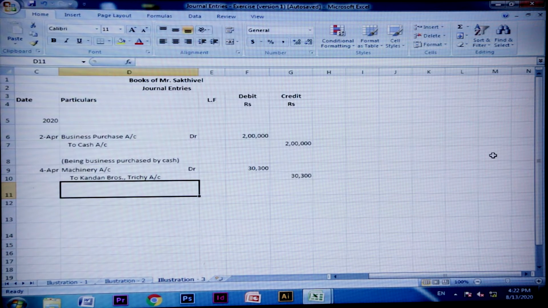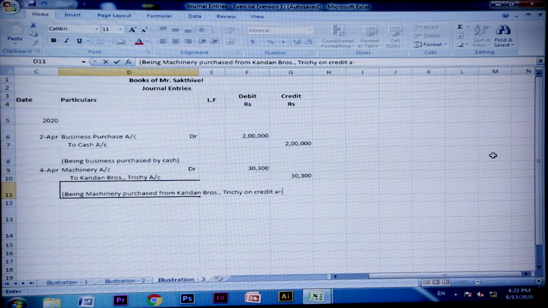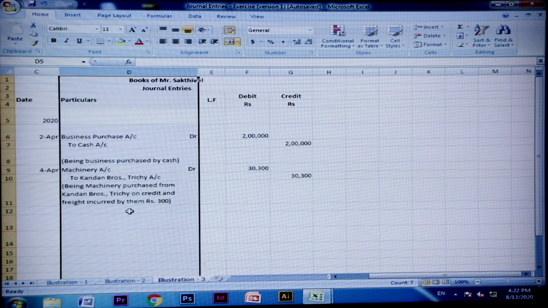The narration for this entry is being machinery purchased from Kandan Brothers Trichy on credit, and the freight incurred by them rupees 300, being machinery purchased from Kandan Brothers and freight paid by them.